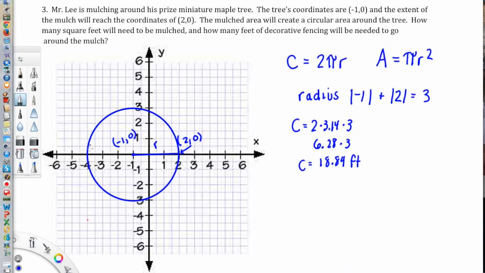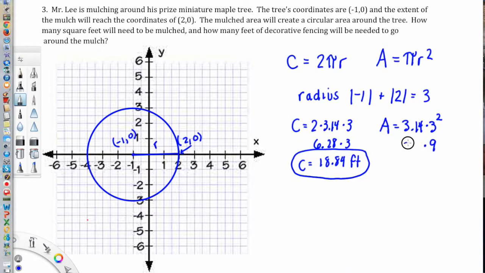That's the amount of decorative fencing that we will need to go around the circumference or the perimeter of the circle. Area, on the other hand, is equal to approximately 3.14 times our radius, which is 3, to the second power. According to order of operations, we need to do our exponent first. 3 to the second power is 9.